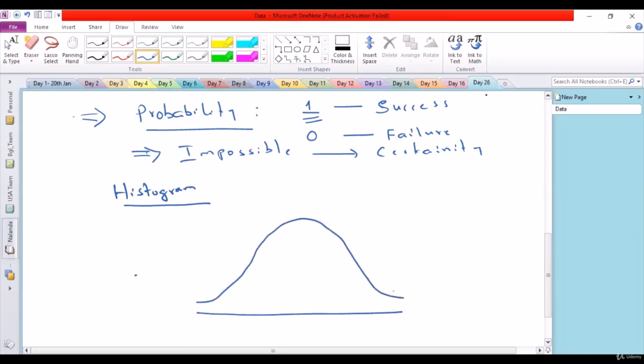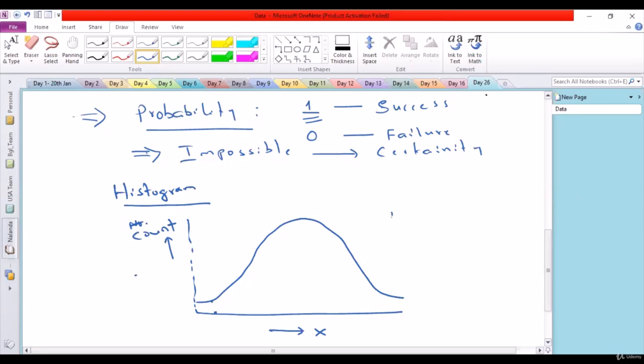This is a histogram. On this axis, let us assume this is my x. Here there is one scale, which is occurrence or count. Every time, how many times is this particular point happening? 1 time, 2 times, 3 times, or whatever.